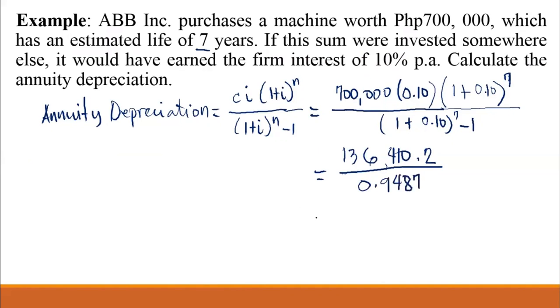Okay? So the value of our annuity or the annuity depreciation is now equal to 143,786 pesos and 44 centavos. Okay? So yan yung annuity method. Madali lang ba?